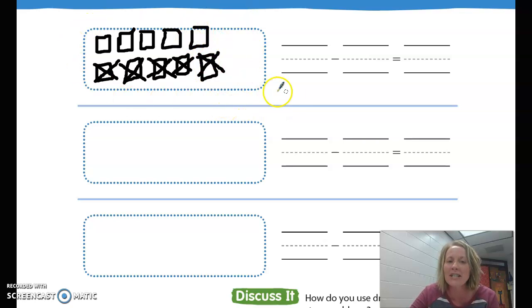How many did she start with? You're right, 10. How many did she leave at school? 5. And how many does she have left? You're right, she has 5 books left. 10 take away 5 equals 5.